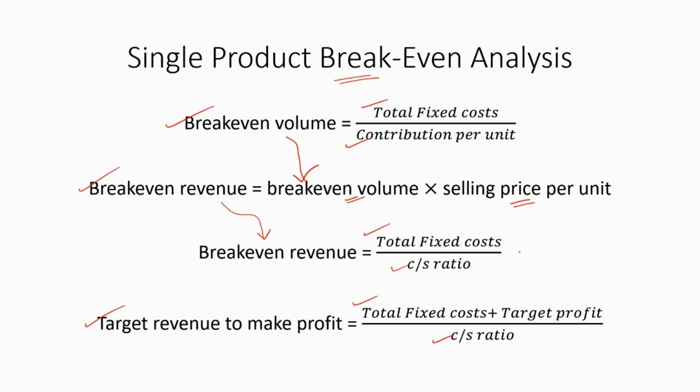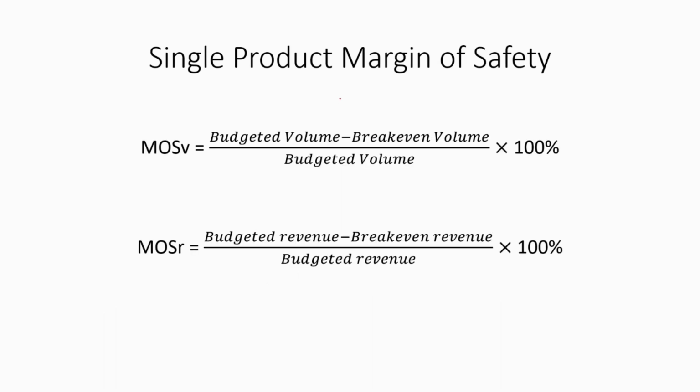This is an extension of this formula, if you can see. Simply, we have added the target profit value here so that we can calculate the target revenue that the business has to make in order to make that target profit. And then we discussed the margin of safety. We can calculate the margin of safety in terms of volume and revenue.